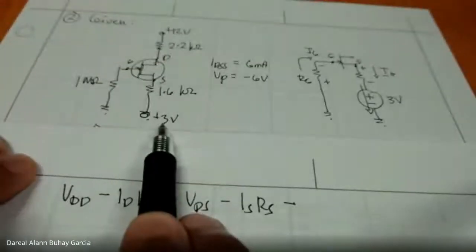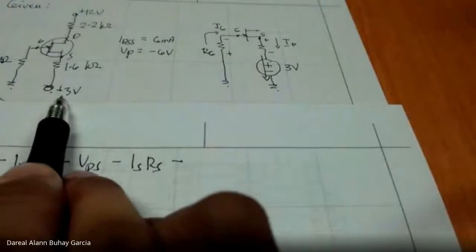Will be 12, bali VDD minus IDRD minus VDS minus ISRS minus 3. No? I think VSS ni. Ito na matawag as VSS.